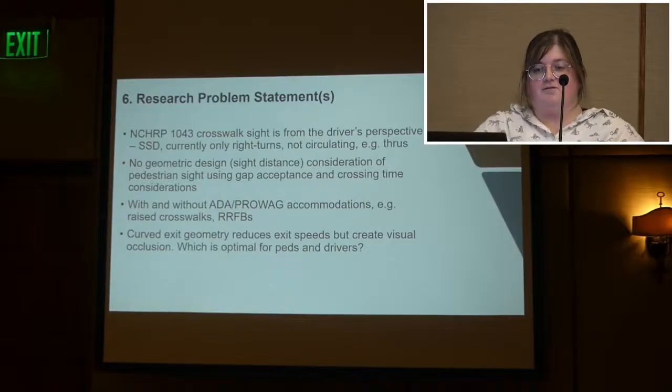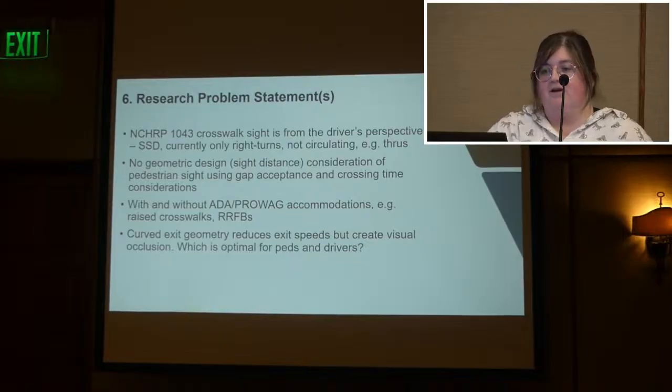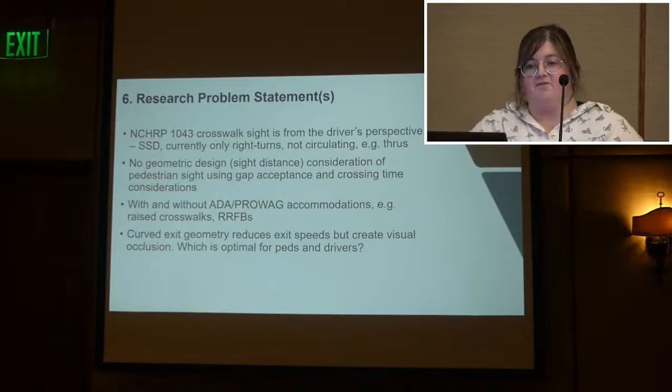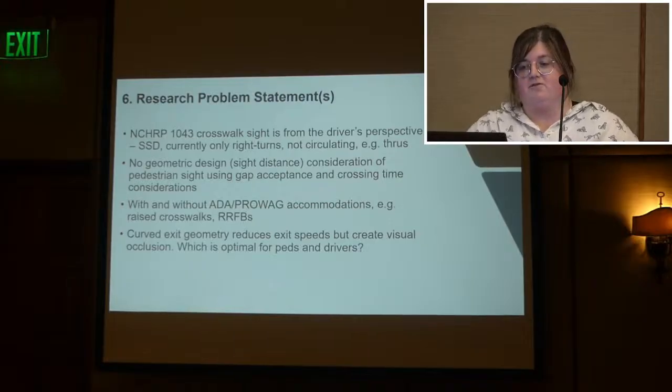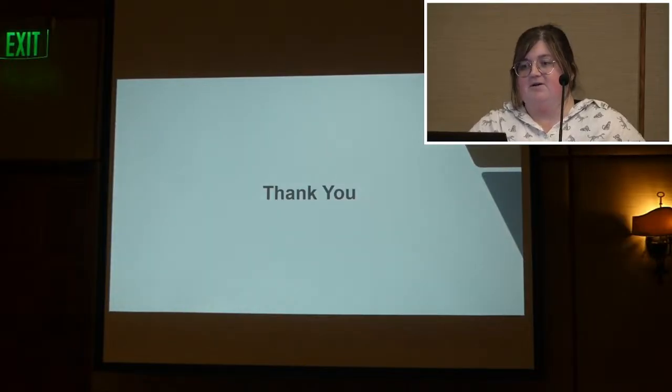What would the addition of some ADA and PROWAG accommodations mean for this? What would raised crosswalks, maybe some RRFBs, mean in these sight distance calculations? And then the curved exit geometry reduces exit speeds, but creates that visual occlusion, versus those flatter exits that were higher speed, but maybe better sight. So which one of those is more optimal for both pedestrians and drivers? That's all.